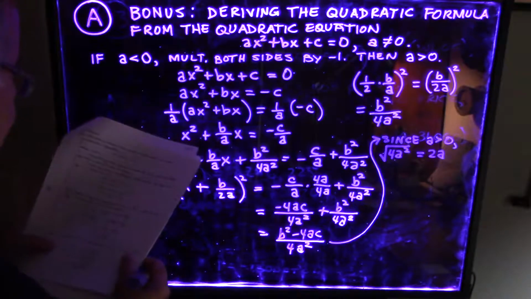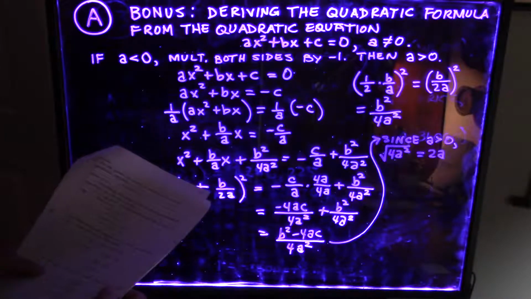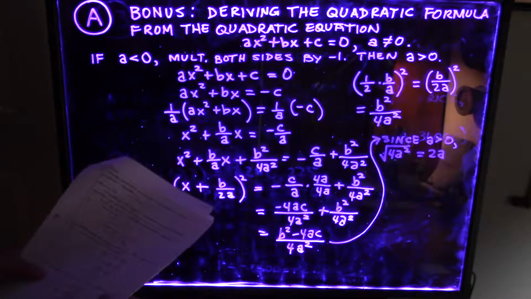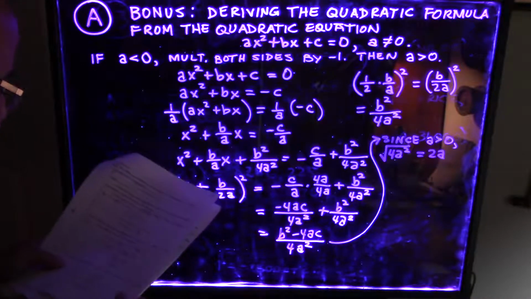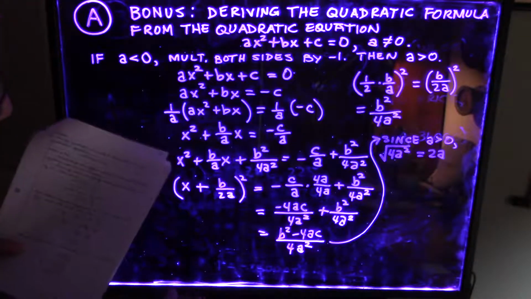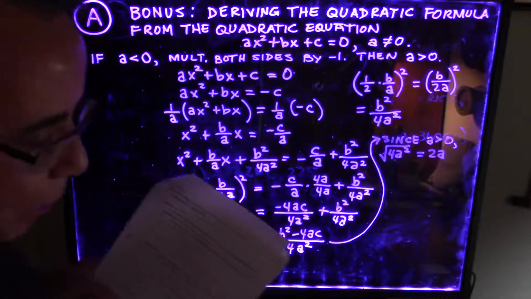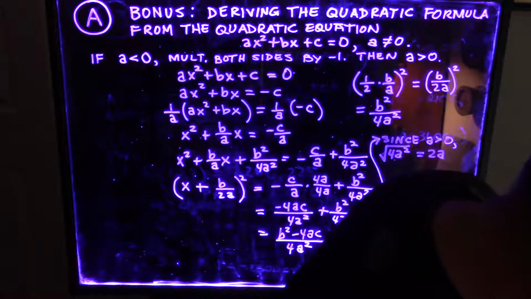Otherwise it would equal 2 times the absolute value of a, so that would make things messier. So anyway, we take the square root of both sides, and now I'm going to have to erase to get a little more room.